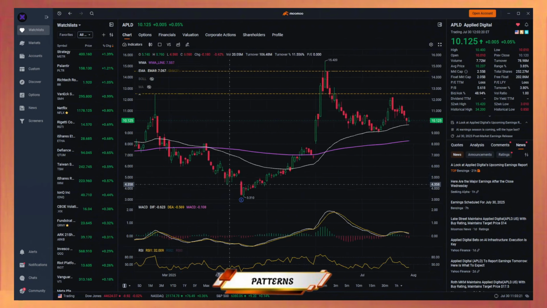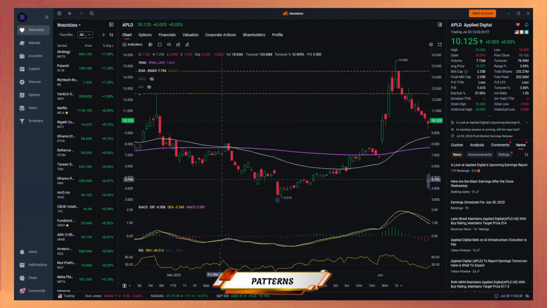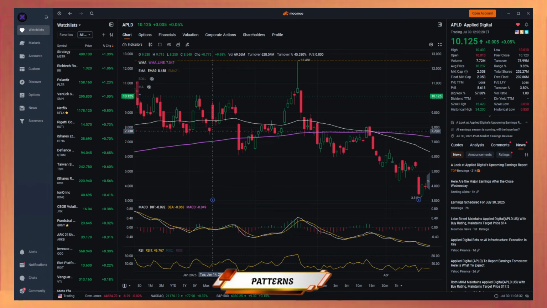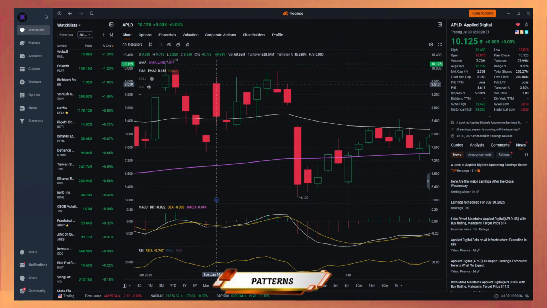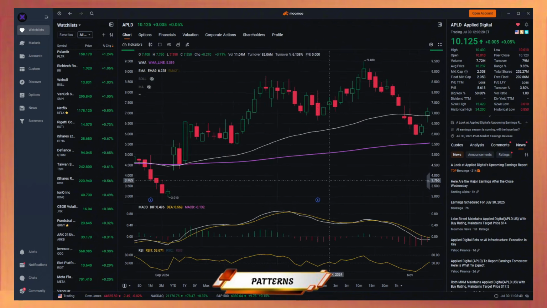So we look at the daily time frame, we look at the patterns here. Earnings, big red candle, dropped it from 470 to 340. This earnings right here dropped it, big red candle. You can see very clearly another big red candle from 9.5 to 8.45. Not a big drop, but a drop nonetheless for earnings. Another big red candle.